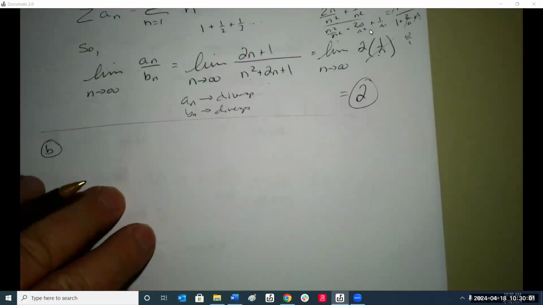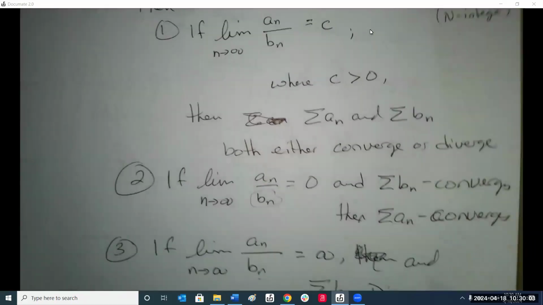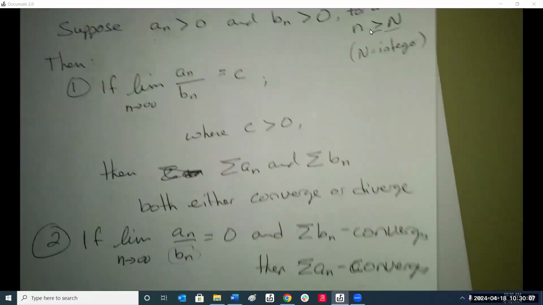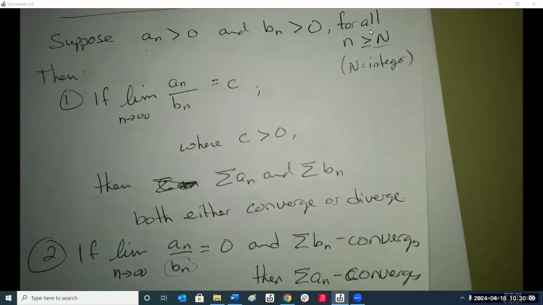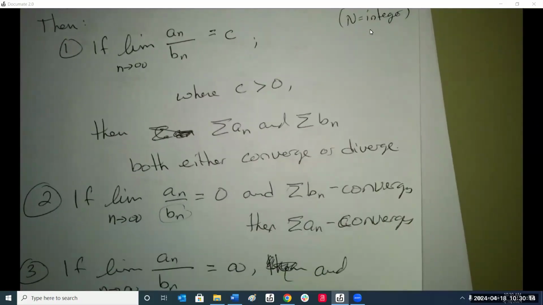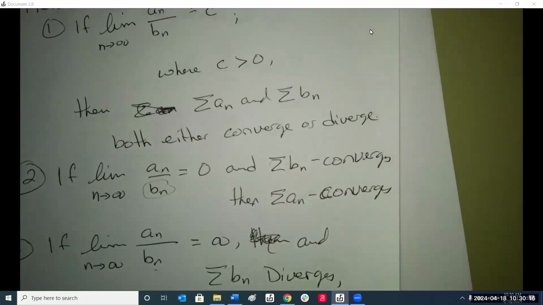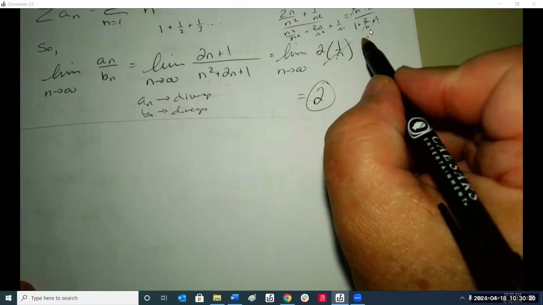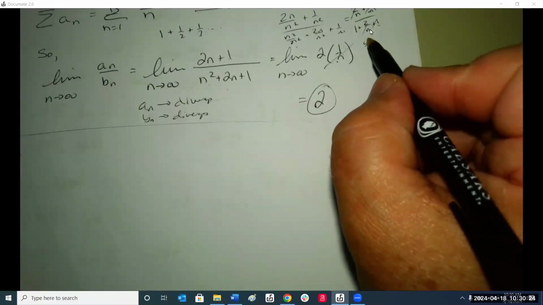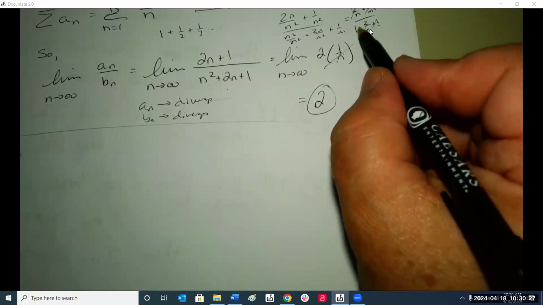So the comparison tests. The bottom dictates, so it has 1.